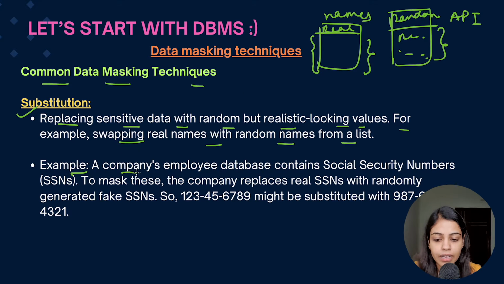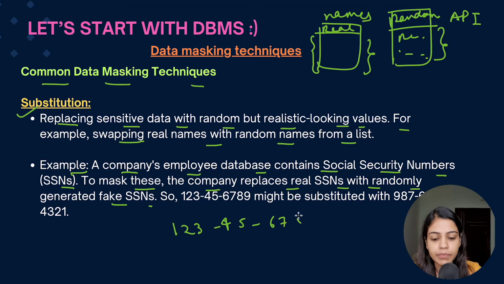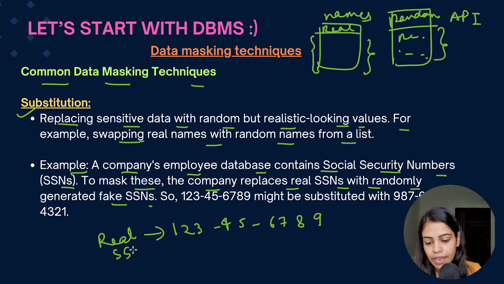For example, a company's employee database contains social security numbers, that is SSN. To mask these, the company replaces the real SSN with a randomly generated fake SSN. Consider this real SSN present in my database, and for testing I want a fake, realistic SSN.